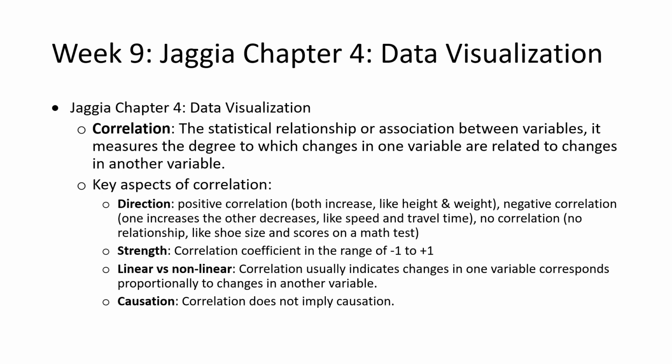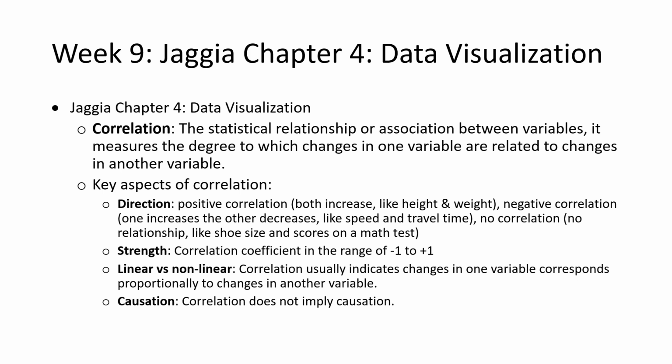in Excel, but now we're interested to expand on our ability to recognize when there is correlation and when there's not. As a reminder, correlation is the statistical relationship or association between variables. That is, to what degree does one variable change or affect, influence another variable?